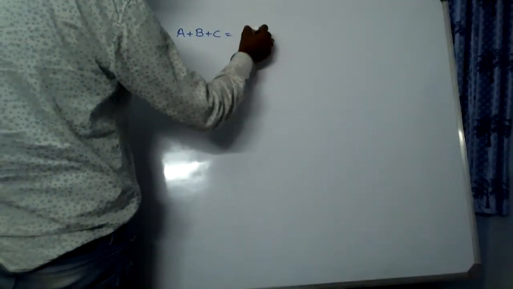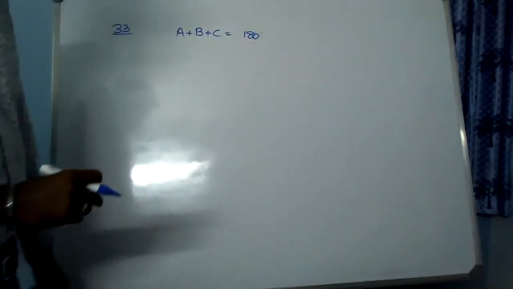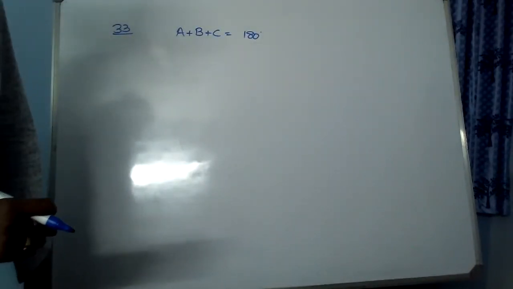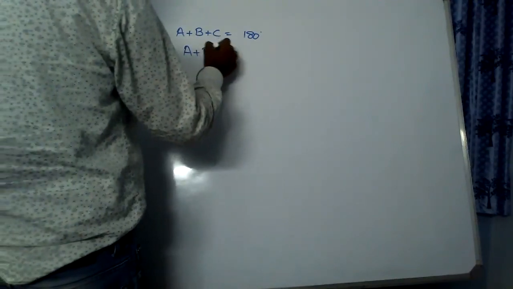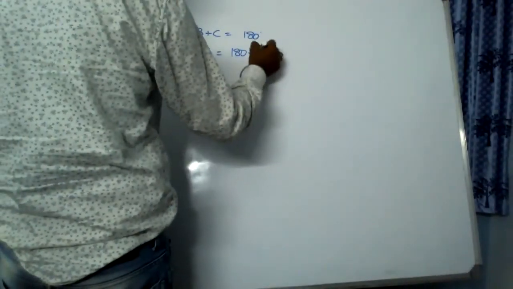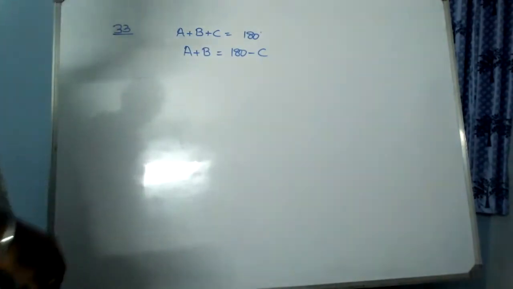Okay, so you have question number 33 now. In a triangle, you know A plus B plus C equal to 180 degree, right? So in a triangle, what will be cos A plus B? A plus B equal to 180 minus C. Clear till here?